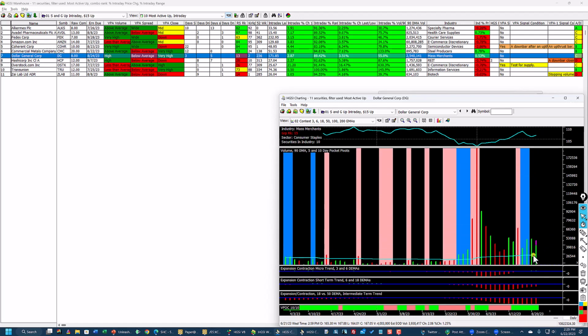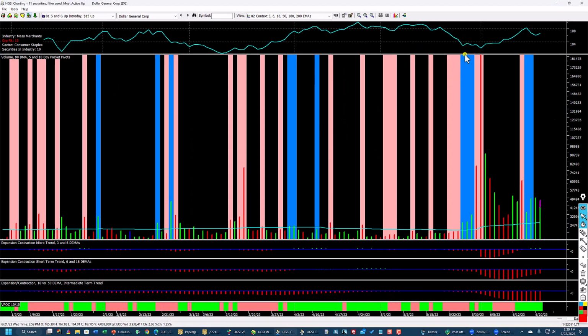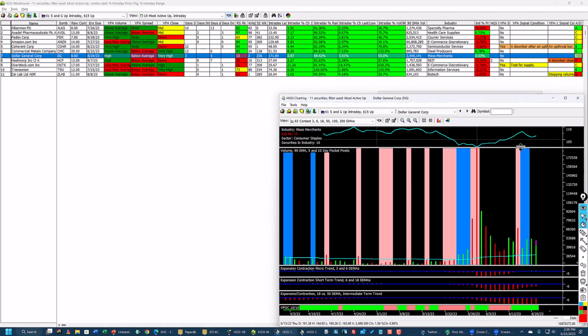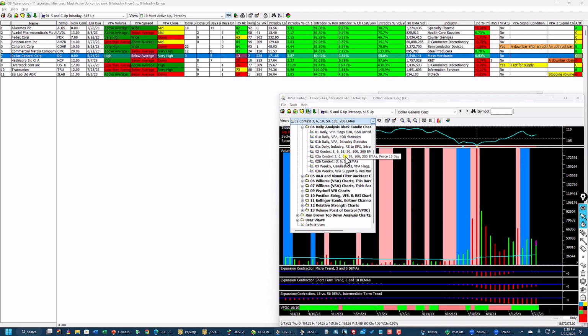Here's a 90 period moving average, and you can see the volume is already well above that, and the projected volume is up here. So this tells us, oh, come on, can't grab it. For some reason, I cannot grab it. Nope, it won't let me grab it for some reason. And that's too bad. I'm going to have to go to a different chart.